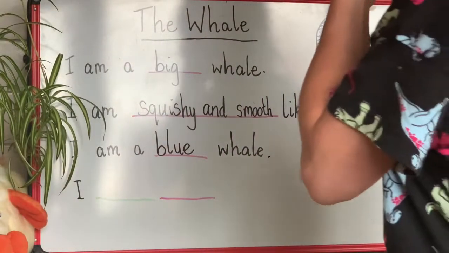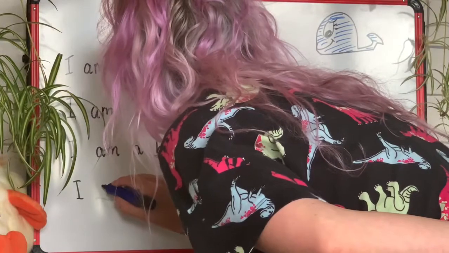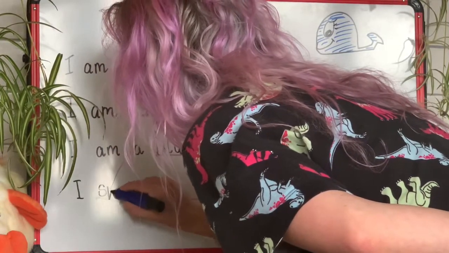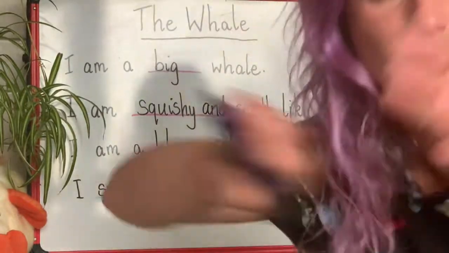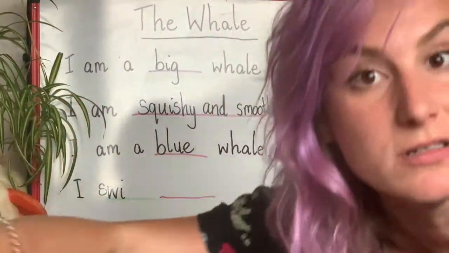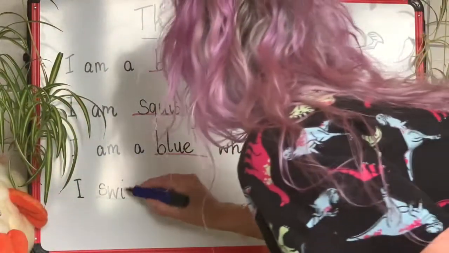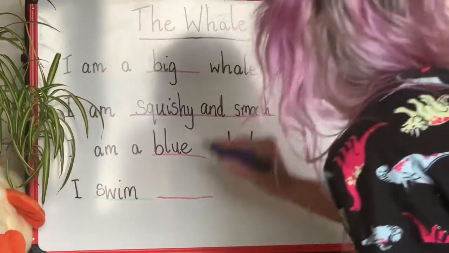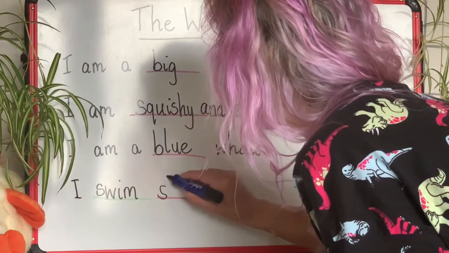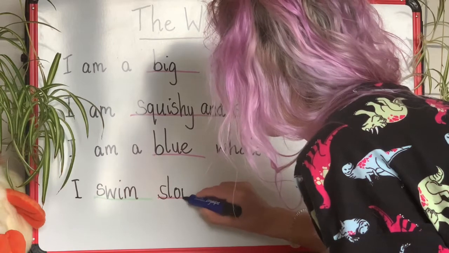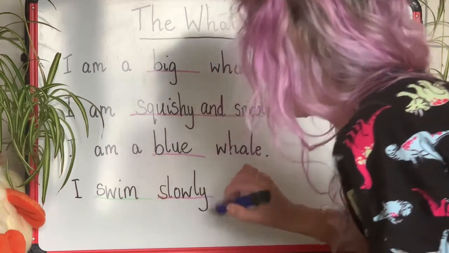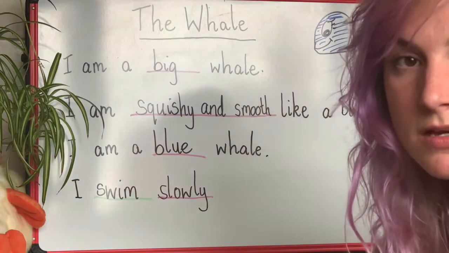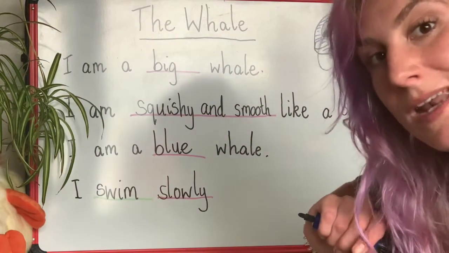And on this green line, I'm going to use the verb, which is swim, because that's what the whale does. It's the doing word. I swim, and I'm going to follow that by the word slow. I'm even going to add an ly on the end to make it slowly.